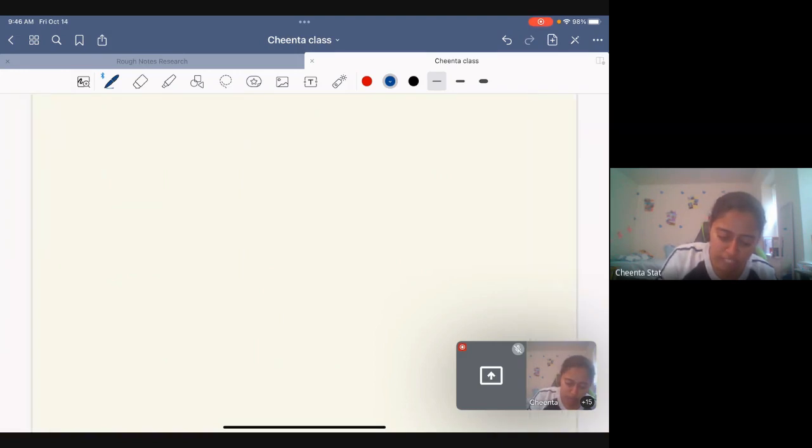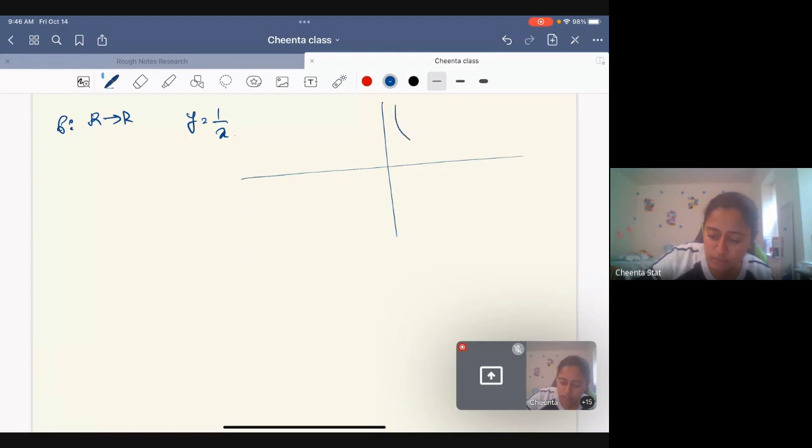I'm not going to write it in that much detail. Again, an R to R function, y equals f of x equals 1 by x. So this function is something like this.